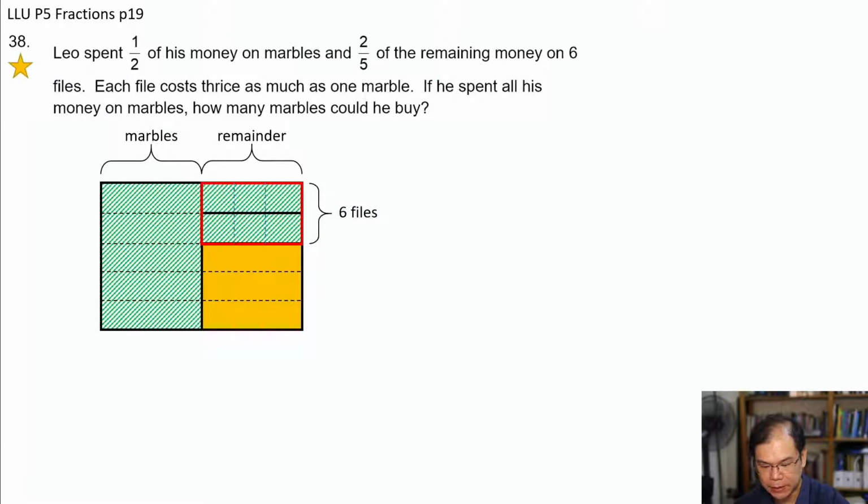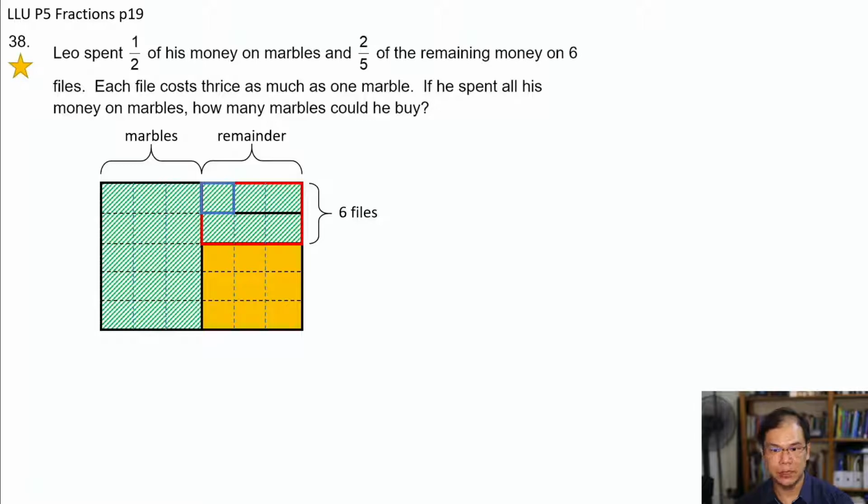So I cut it up like this. Now if I cut it up like this, I also must cut up the same way for the rest. And this blue box is 1 fowl, and it says that each fowl costs thrice as much as 1 marble.